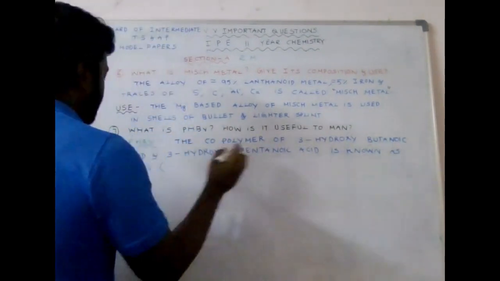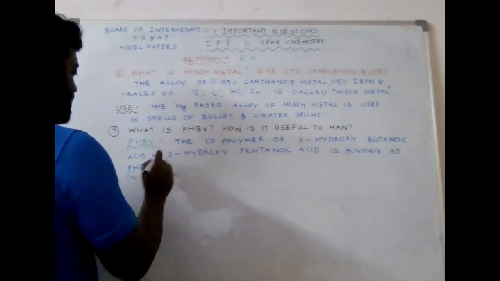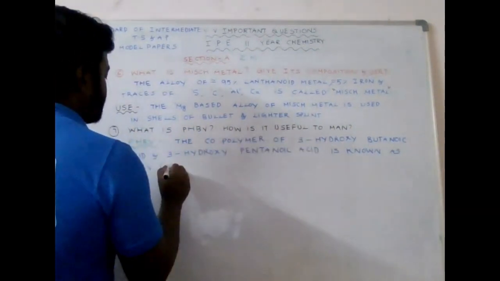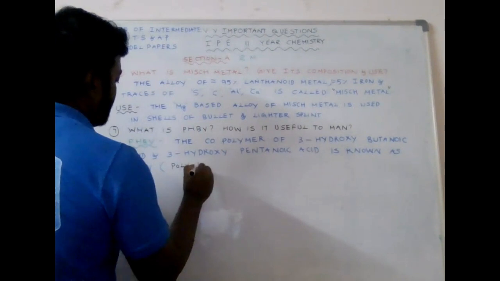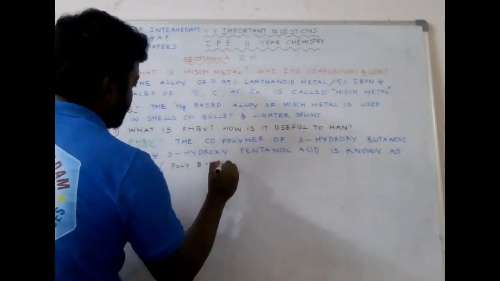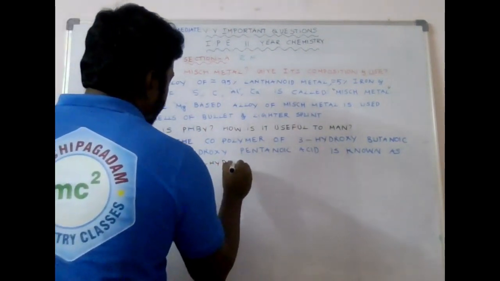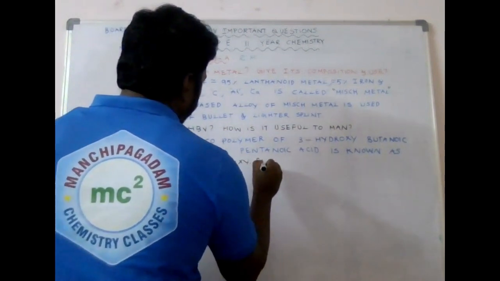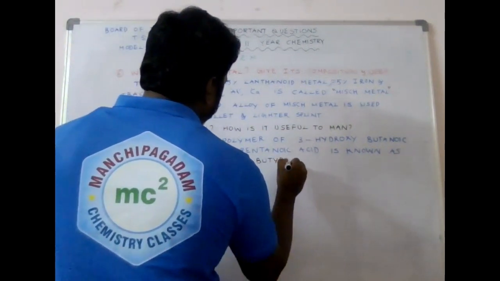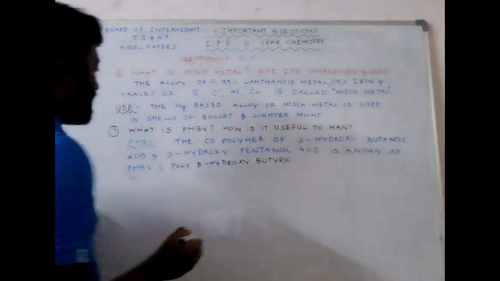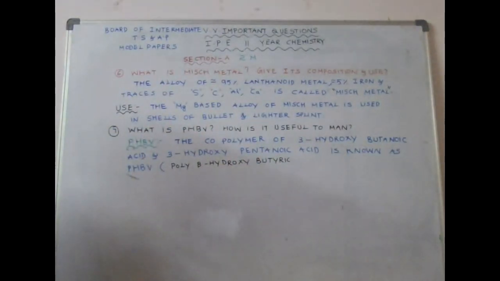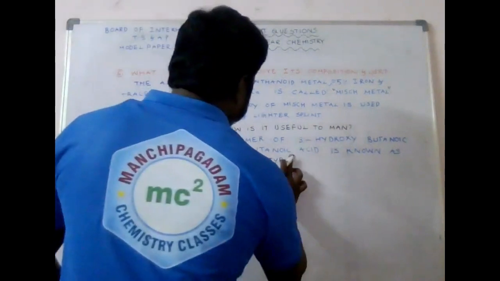The full form of PHBV you also have to write in the exam. PHBV is very simple. Here 3-hydroxy is there, right? You can write polybeta-hydroxy butyric. In the place of butanoic, we write butyric.